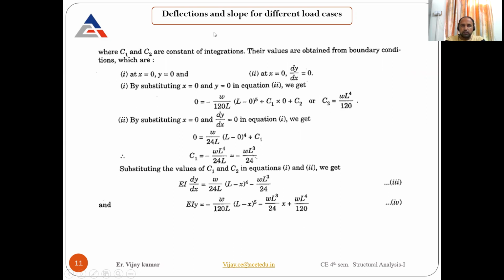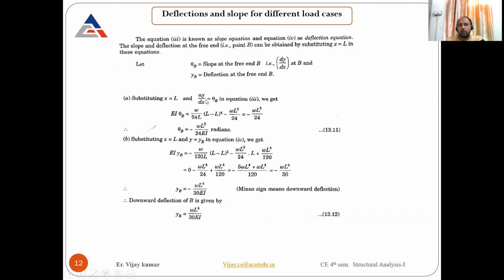These are the two general equations which are important, the two required equations we have prepared here. Now you just need to put in the value of x wherever you want to find the slope and deflection.